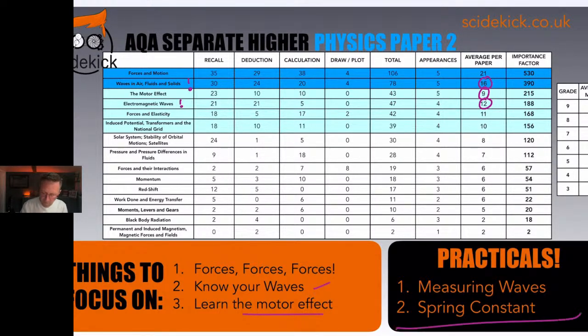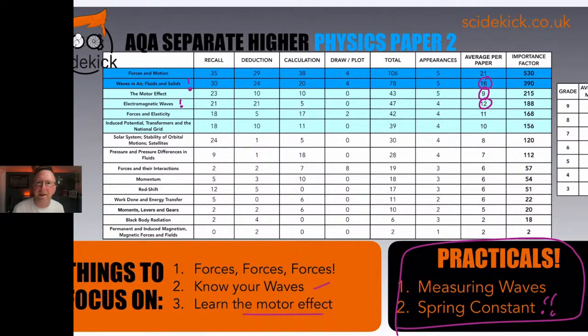Now lastly, practicals, measuring waves. They love a wave practical. So whether that's changing in direction of waves, whether that's measuring wave speed or calculating wave speed or amplitude or wavelength and frequency and all those things, they love those practicals. And secondly, they love a spring.